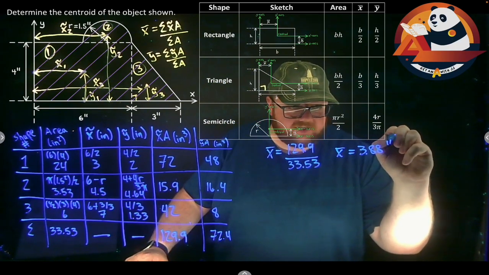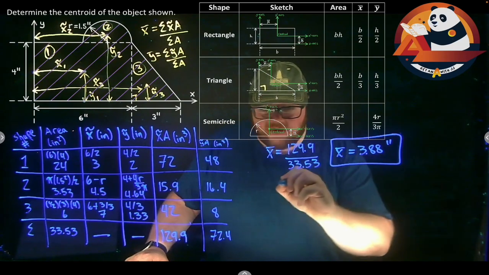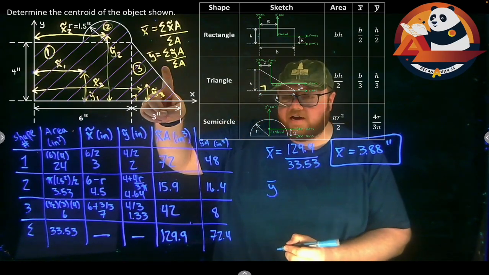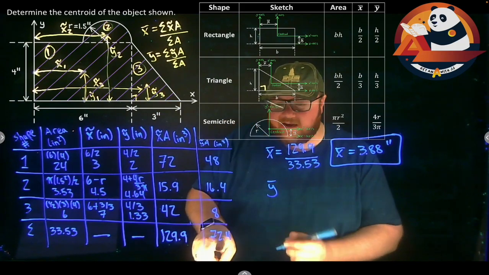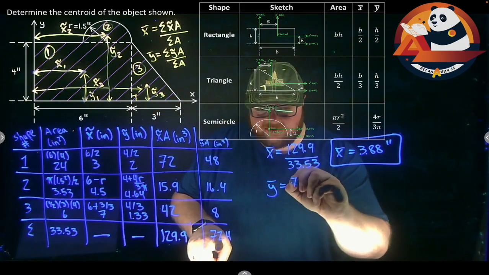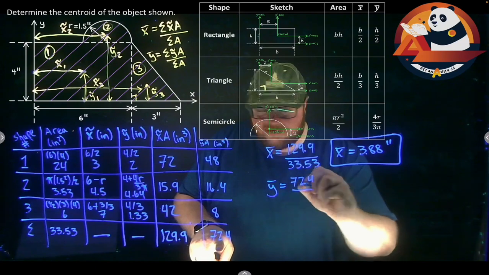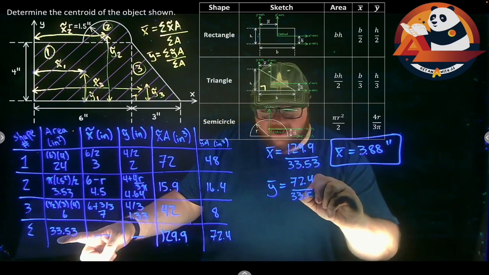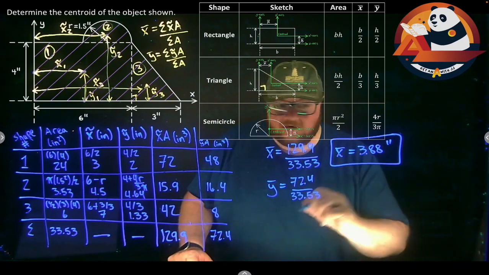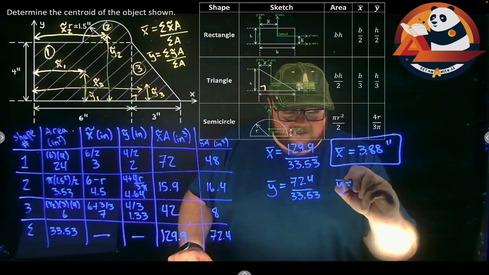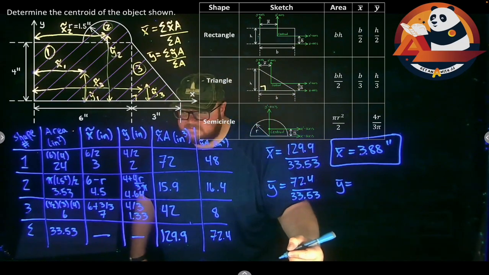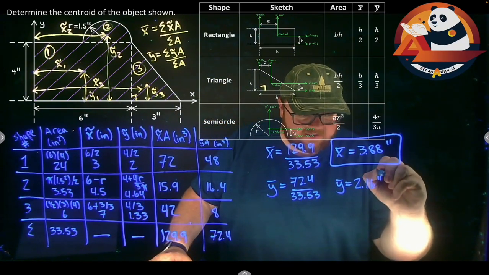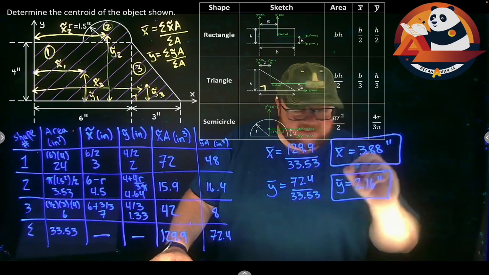And my y bar, I know is the sum of my y tilde a divided by my total area. Y tilde a added up to get us 72.4. And my total area is still 33.53. Or my y bar is going to get us to 2.16 inches. Which should be our second answer.